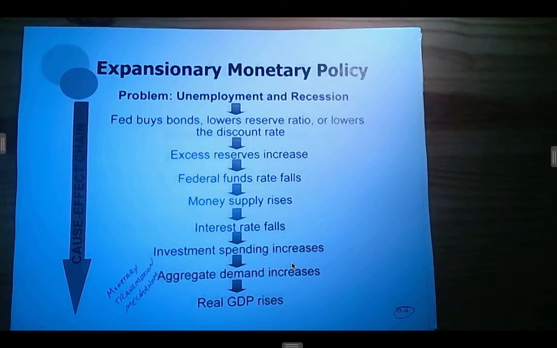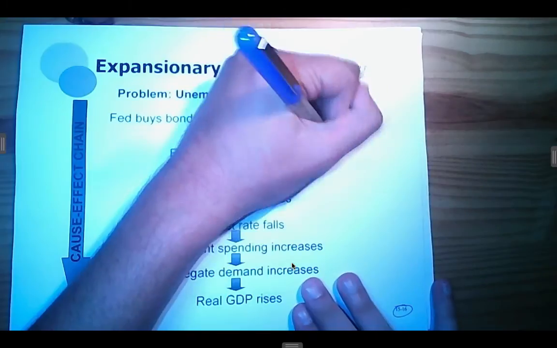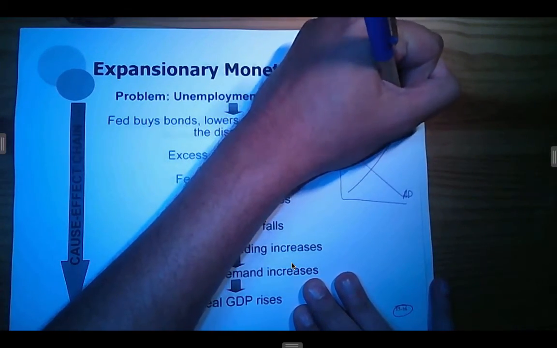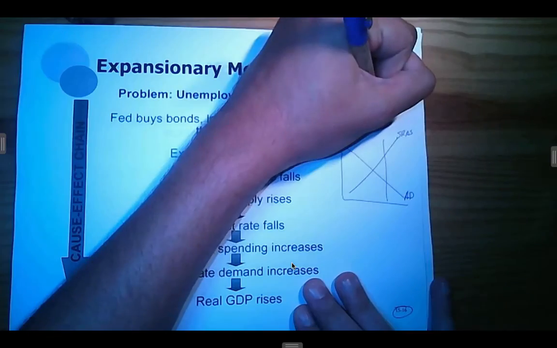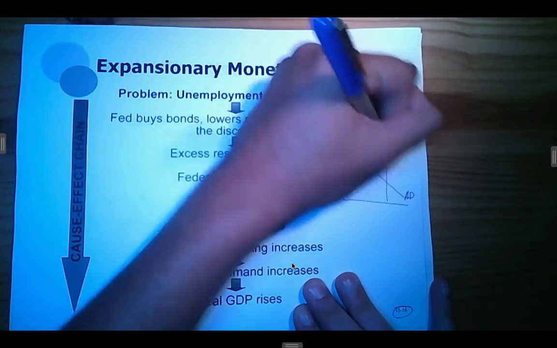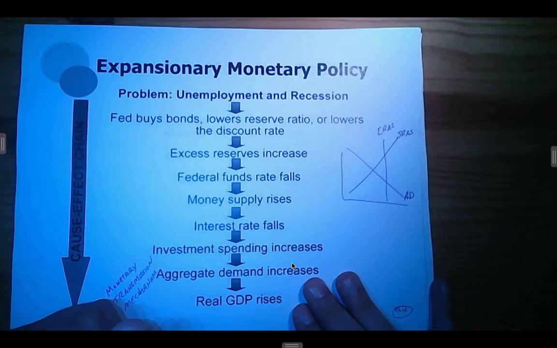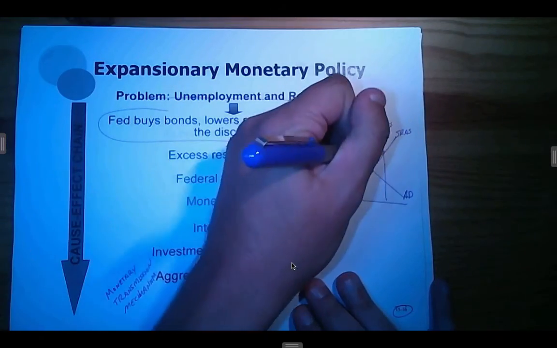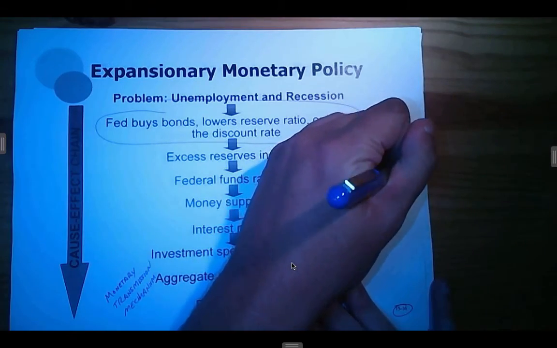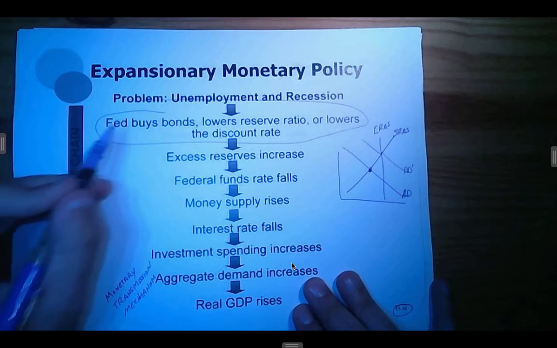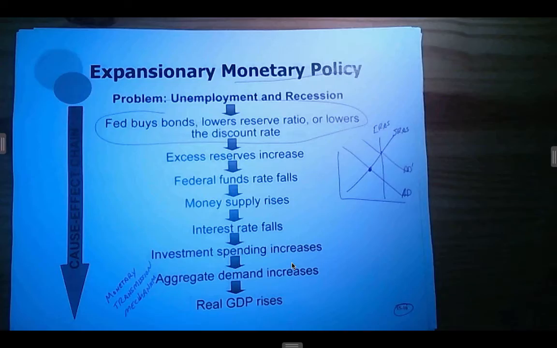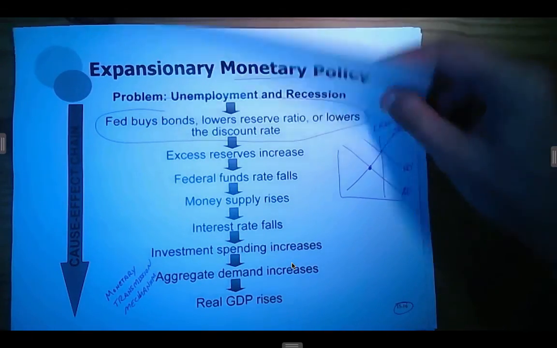And we see the real GDP rising. Or, as I've drawn it out multiple times here, but why not write it out one more time? Here I'm in a recessionary gap. I'm doing these three things to get my AD curve to shift to the right. It's a monetary policy because the central bank is doing it.